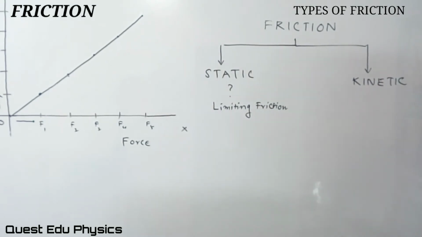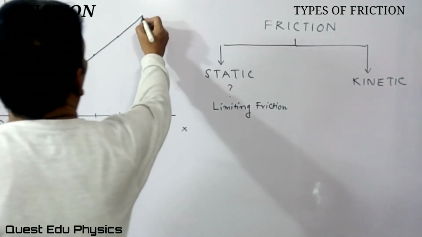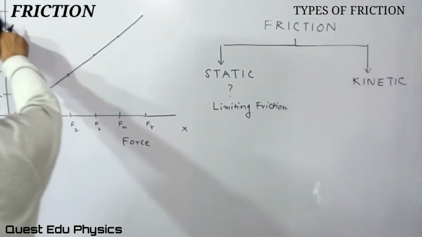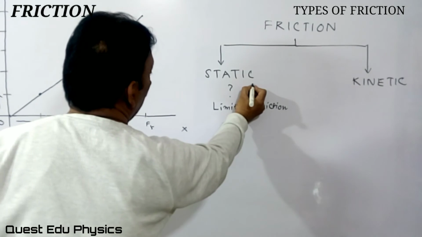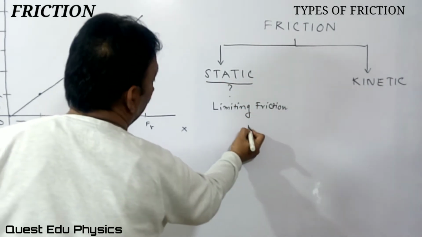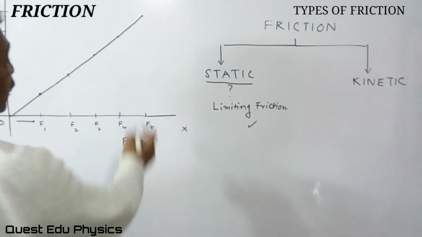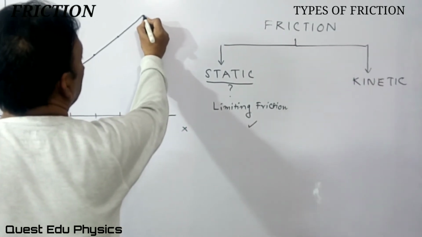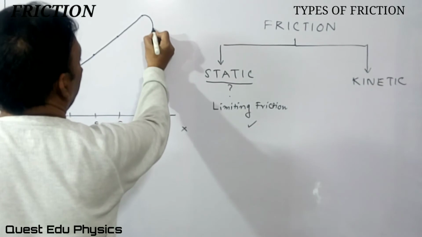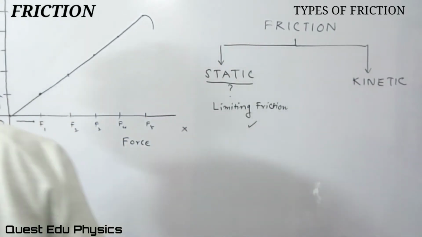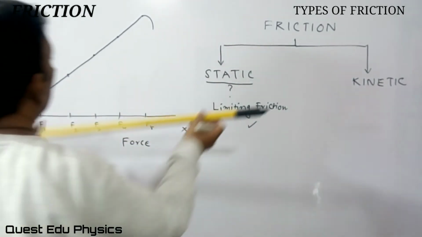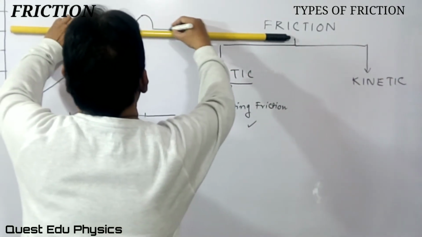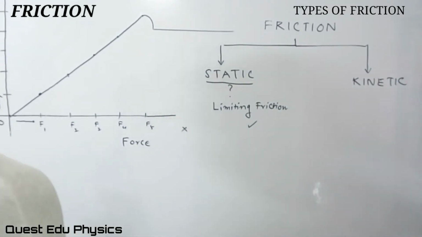Okay, students, after reaching a particular point, what happened? The frictional force reaches a maximum value of the static friction, and we call it the limiting friction. Then its opposing capacity breaks down. The body begins to move. If we represent this, it can be shown in this way.